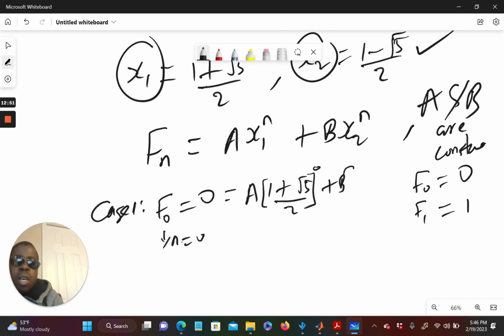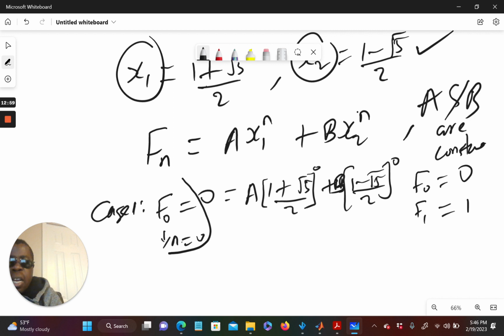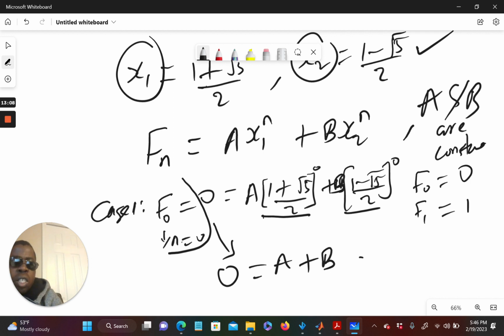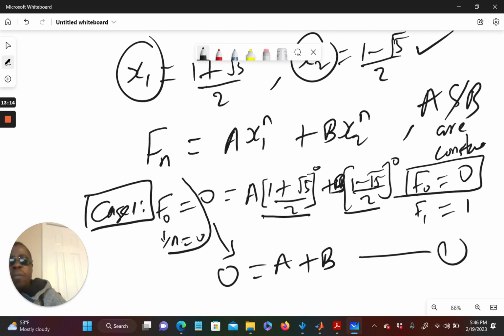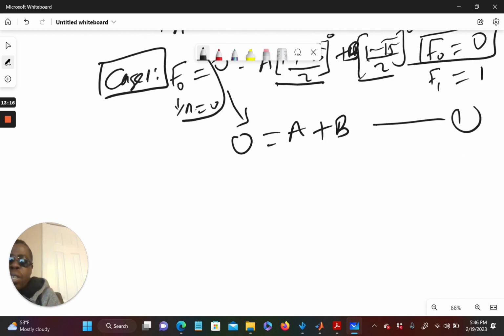Plus b times 1 minus root 5 over 2 raised to power 0. So just forget about this side and focus on here. If anything to power 0 is 1. So this is going to be a plus b. So this is equation 1 for case 1 using the initial condition 1. Okay, now case number 2.